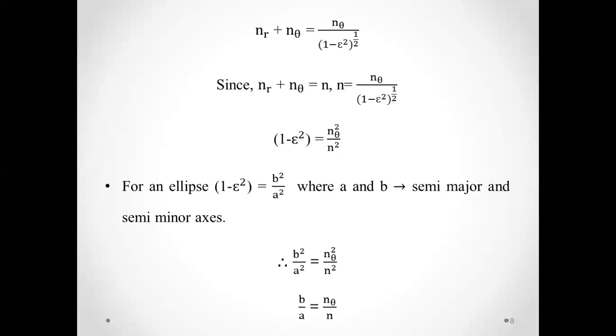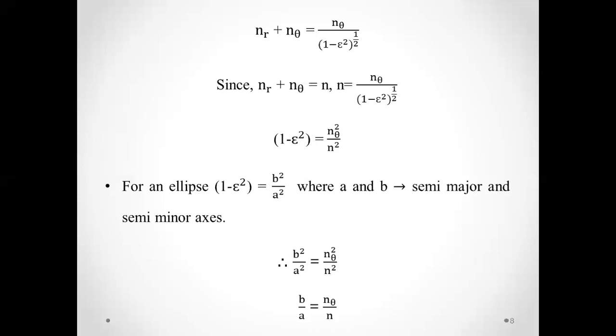We are familiar with the standard equation for an ellipse as 1 minus epsilon square is equal to b squared divided by a square, where a is called the semi-major axis of the ellipse and b is referred to as the semi-minor axis of the ellipse.